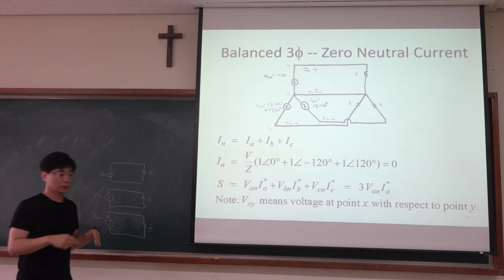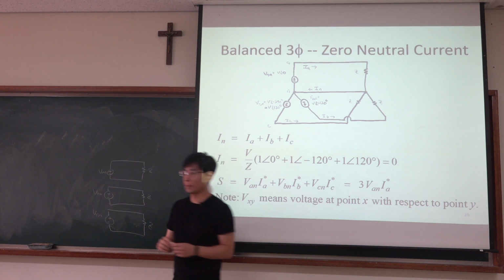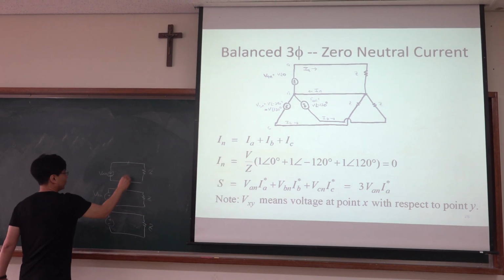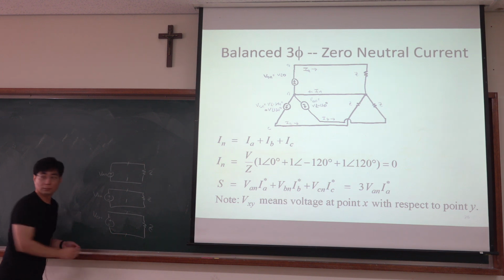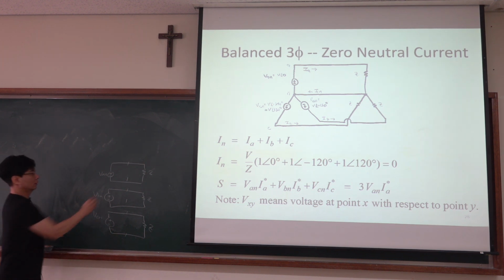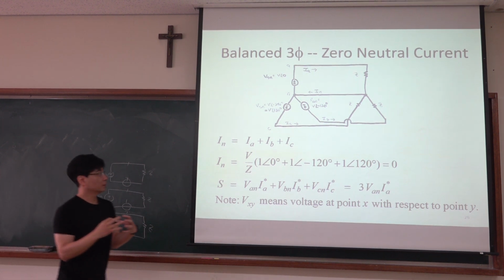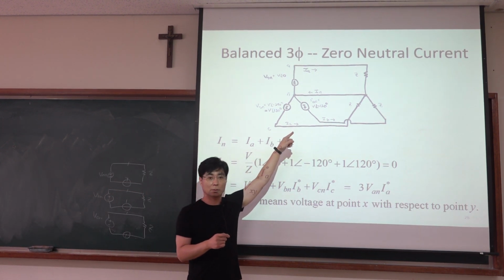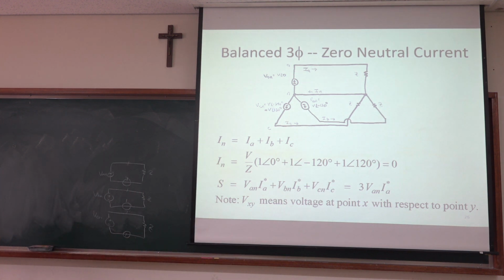So it requires double copper lines. 1, 2, 3, 4, 5, 6. But these are merged together in three-phase system, and actually there is no current on the neutral line. Okay, so it is something like magic.